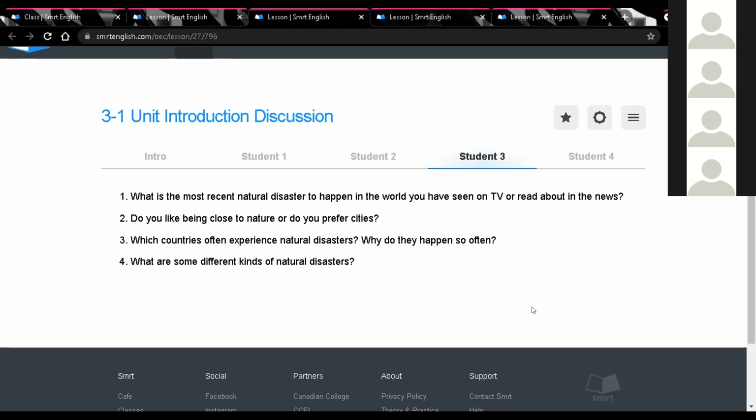Natural disasters. First one, earthquakes. Earthquakes, okay. What else? Two more. Second one, in the mountains when it's a lot of water, I don't know where.